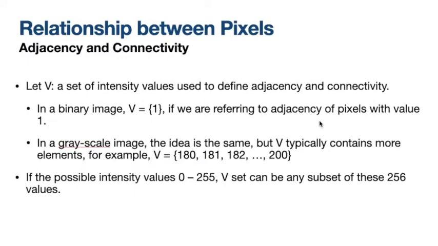Then the next type of relationship used in the case of pixels is adjacency and connectivity. First we will see adjacency. Before going into adjacency, we will see a set V. V is a set of intensity values that is used to define adjacency and connectivity.